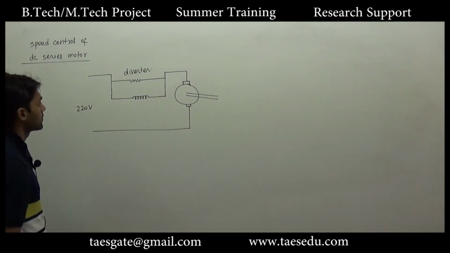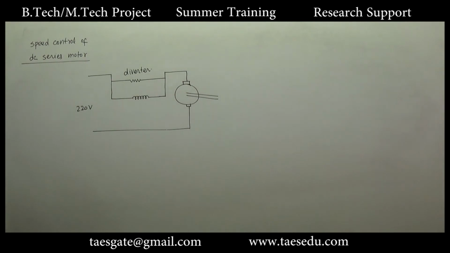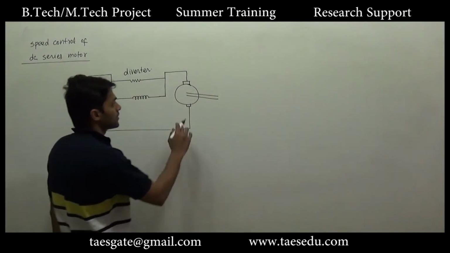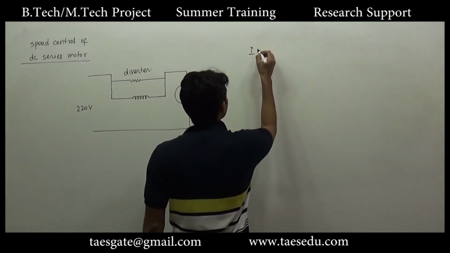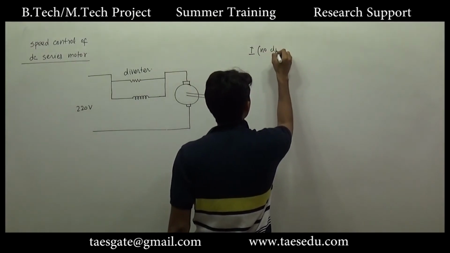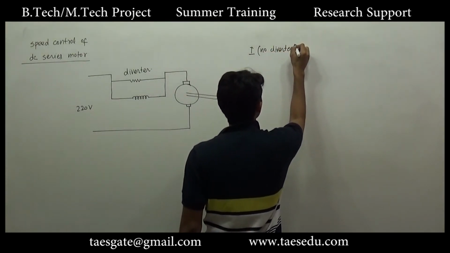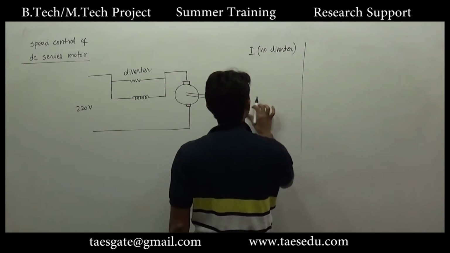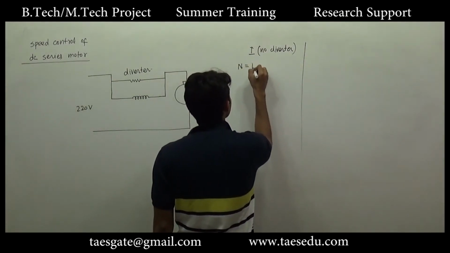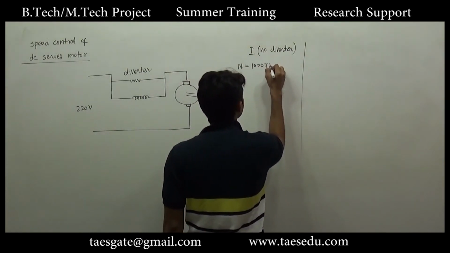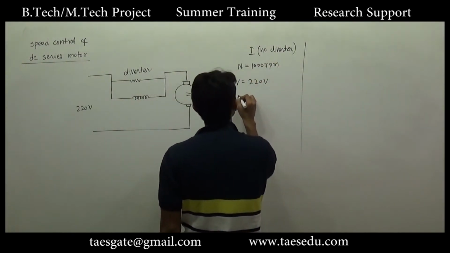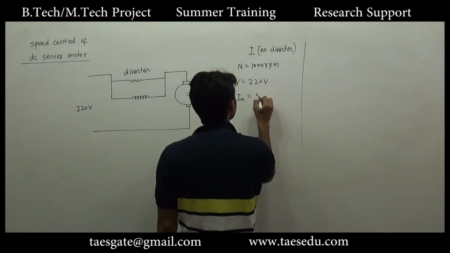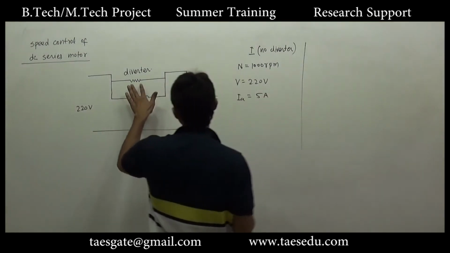So I will take the same numerical values as we took in the previous question. Initially, in the first case when there is no diverter, we have speed equal to 1000 rpm, supply voltage 220 volt, and armature current is 5 ampere without any diverter.